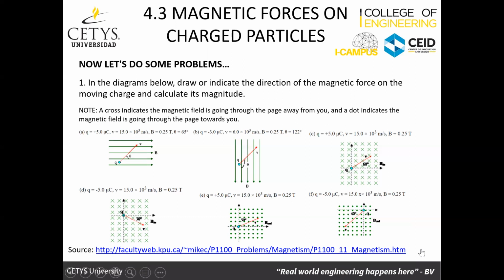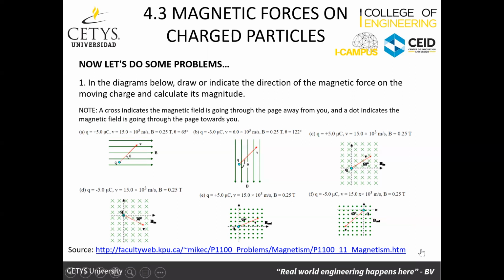If we see a dot, the magnetic field is going out. And in each case, they tell us if the charge is positive or negative. Remember that whether the charge is positive or negative determines where the force is going to be directed.